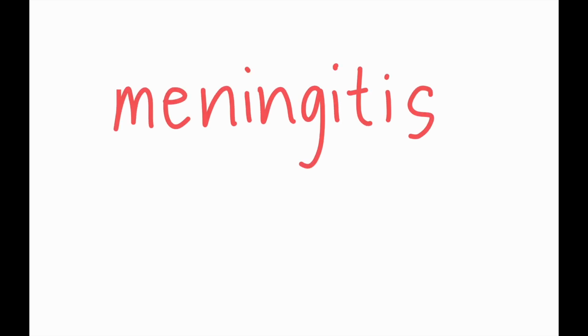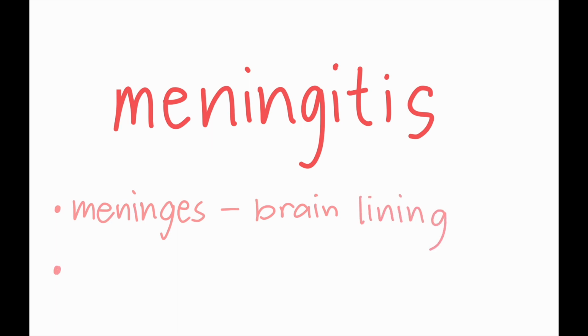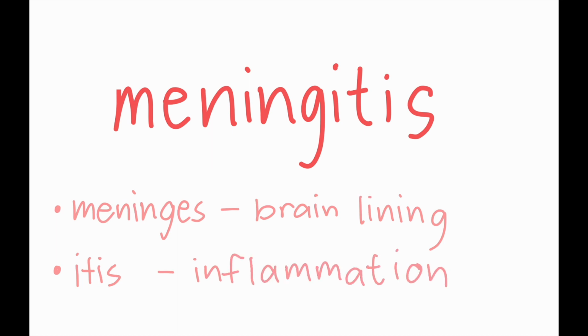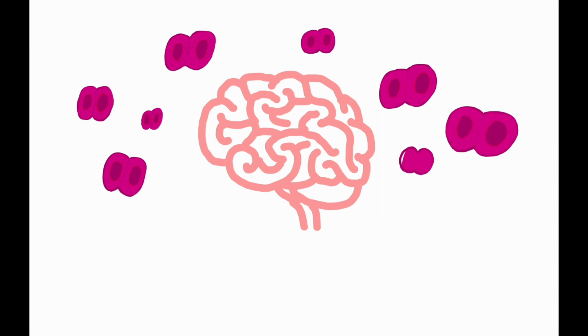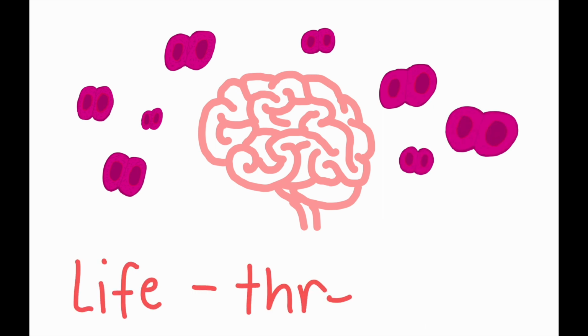Meningitis originated from the word meninges, which is the name of the brain lining affected by this disease. Its suffix is itis, meaning inflammation. Putting this into definition, meningitis is an infection of the membranes called meninges that protect the spinal cord and the brain, causing it to swell and induce life-threatening problems.